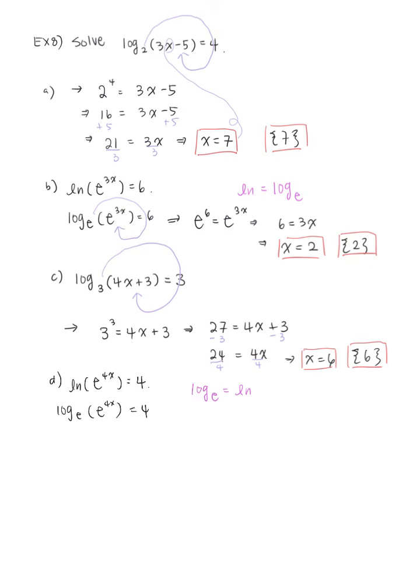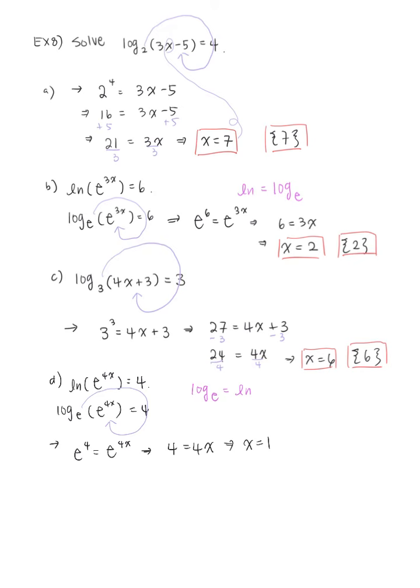But anyway, this is the same thing as e to the 4th equals e to the 4x. All right, do we have the same base? Yup. So in this case, we get to equate the exponents. So we have 4 equals 4x. So that implies that x is 1.